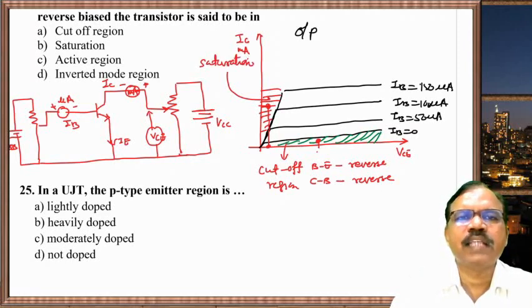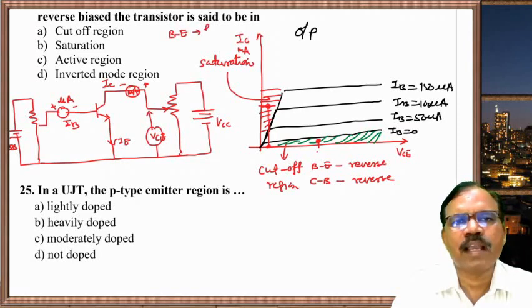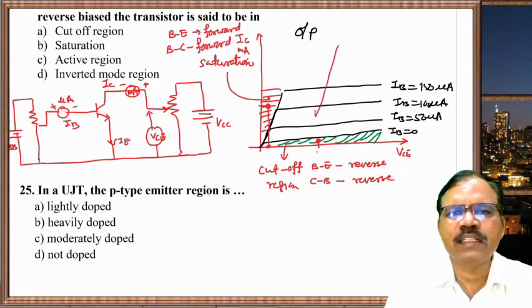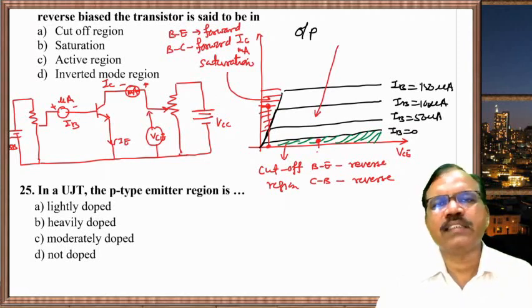In this saturation region, BE is forward biased and BC is also forward biased. And this is the region in which the actual transistor works.